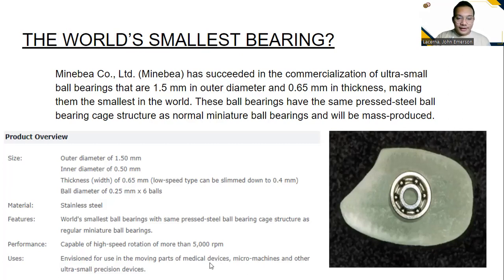So, medical devices din. Makikita rin sa medicine, sa field nun ay meron din mga gamit, equipments na ginagamit para sa mga maliliit na operations. And moving din siya, kaya kailangan din siya ng bearings. And dito, pumapasok ang world's smallest bearing.